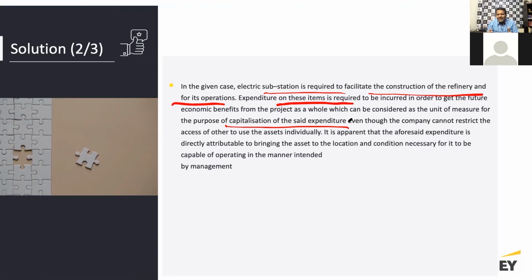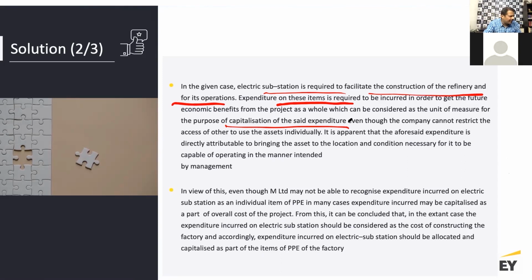So in a sense, even though you don't control this portion, you are still supposed to capitalize this, because you cannot use the larger asset without the presence of this asset. So in a way, you are supposed to capitalize this.